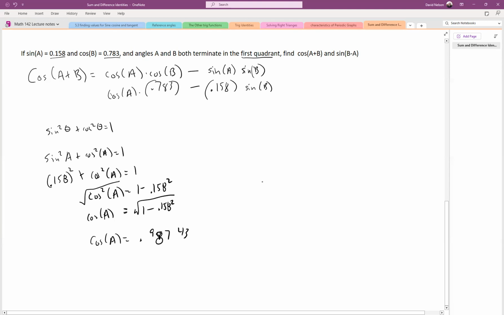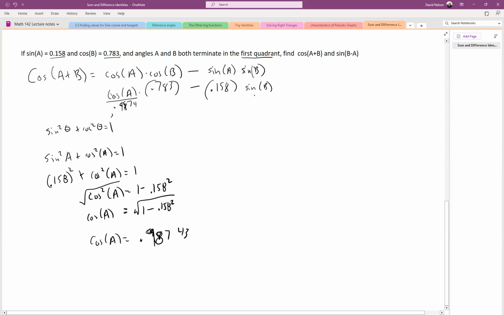The directions in WAMAP are asking to round to 3 decimal places, but I want to go a little bit farther than that when I'm doing my calculations, just to avoid any round-off errors. So I'm going to put 0.9874 in there for cosine of A.